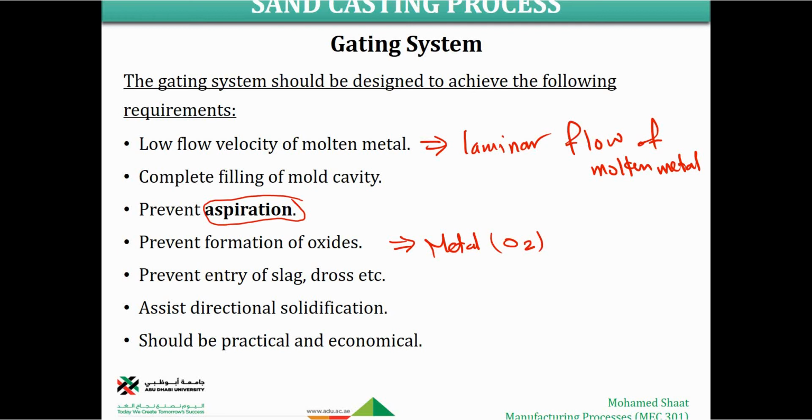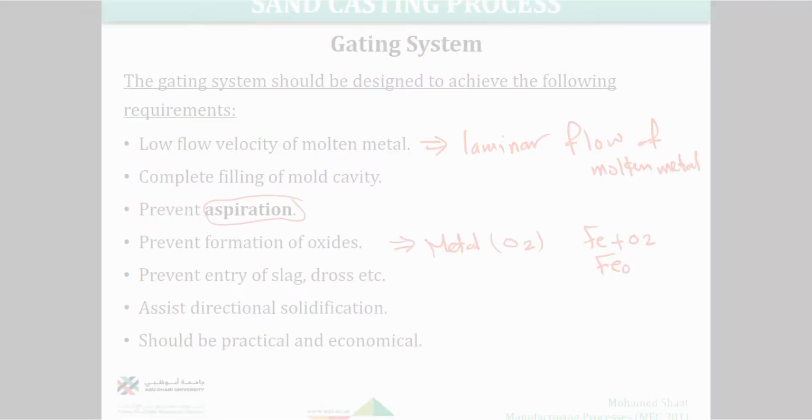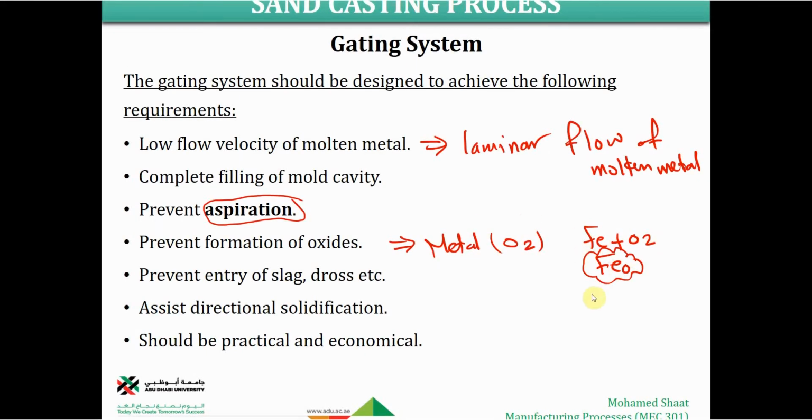So oxides are basically like, for example, if we have Fe, which is just metal, and we add some oxygen, this is going to give us Fe2O3, which is the conventional rust. So this is one of the oxides that would exist.